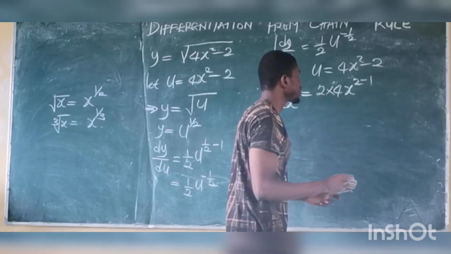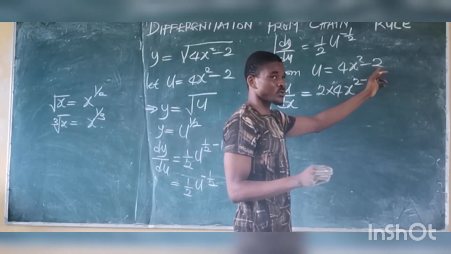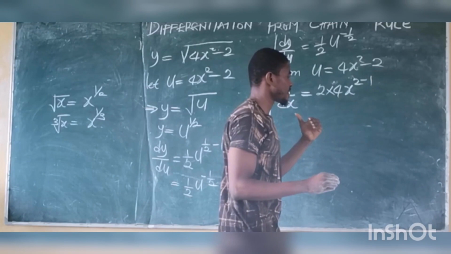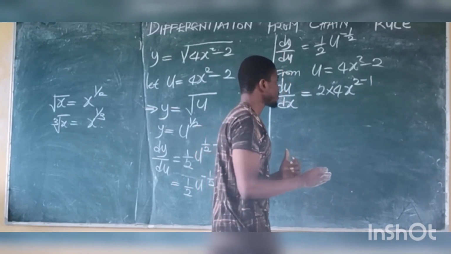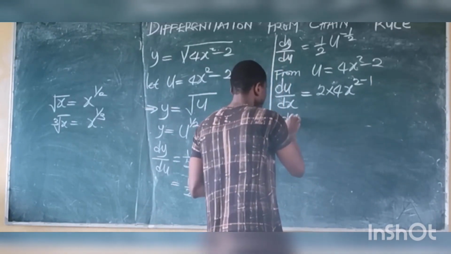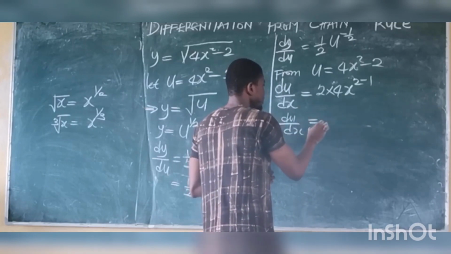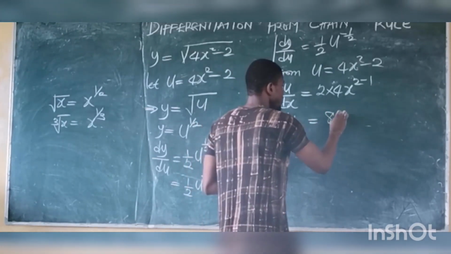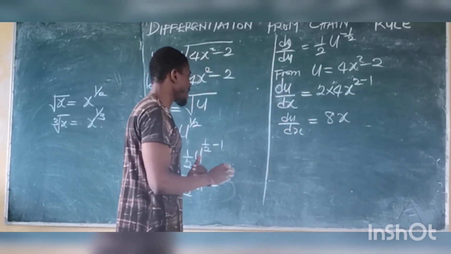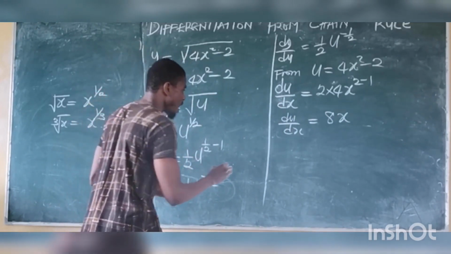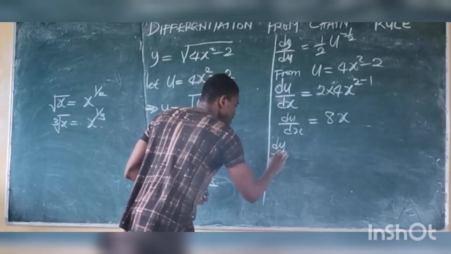The derivative of minus 2 is 0, since minus 2 is a constant and the derivative of every constant is 0. So du/dx is equal to 8x.